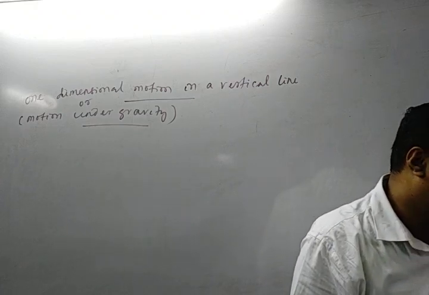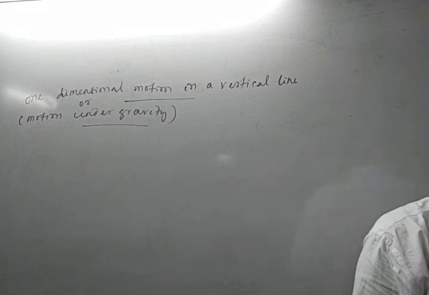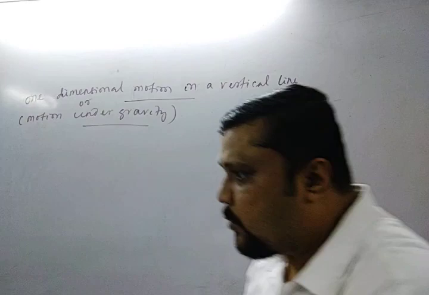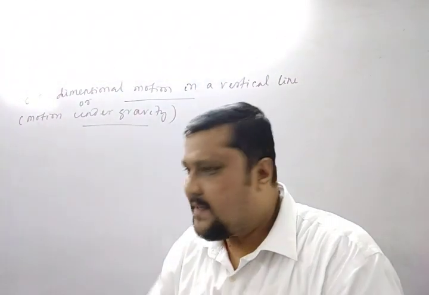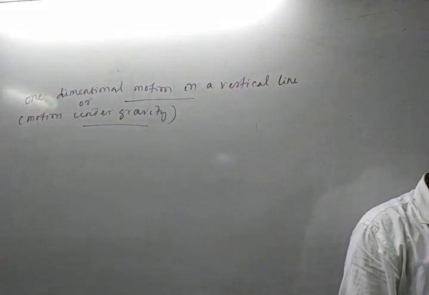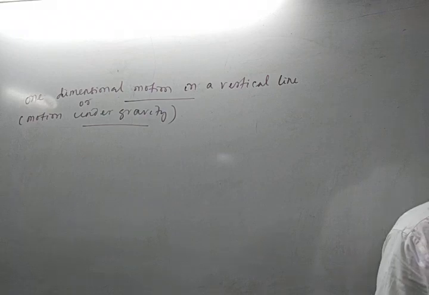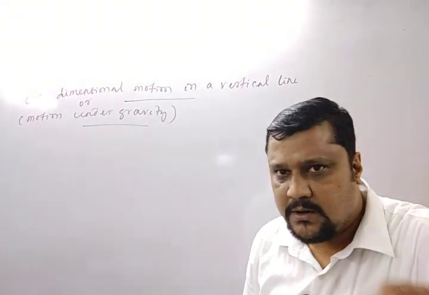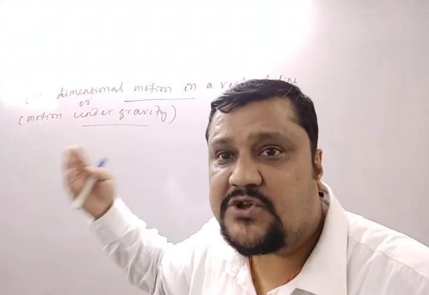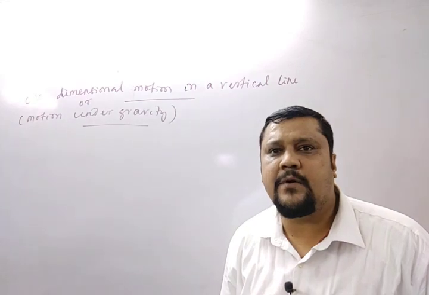So when the motion takes place under the effect of this gravitational attractive force only, the motion is motion under gravity, and that is also called the free fall of a body.